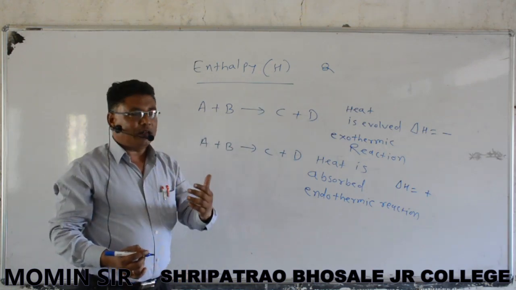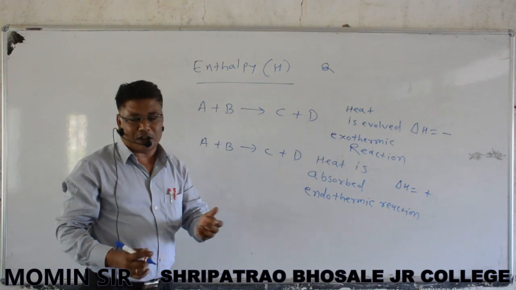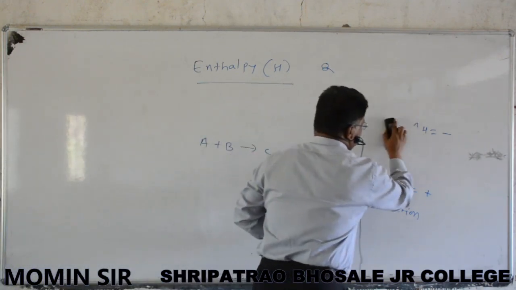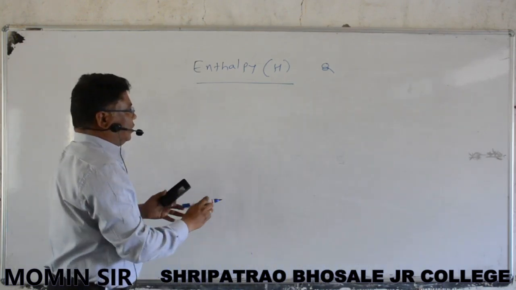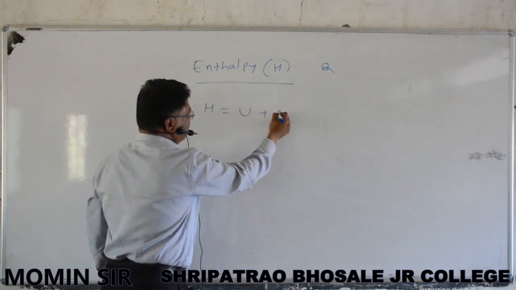Now, what is the scientific definition of enthalpy and its equation? Enthalpy H is equal to U plus PV.